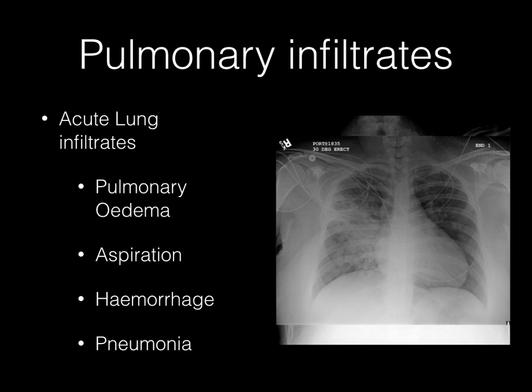Like in this particular case, the right middle lobe is particularly dense, however, it's not as confluent as we saw in the earlier picture with consolidation, where there is a complete whiteout of the right middle lobe.